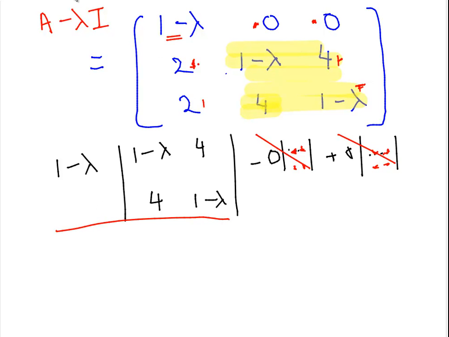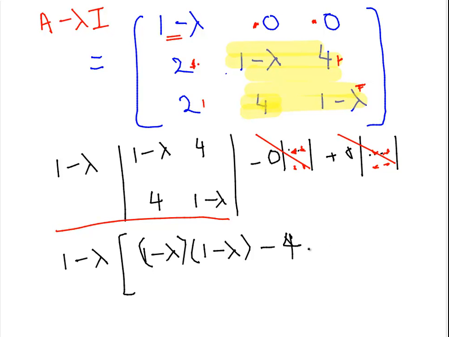So let's work that out a bit further. What we're going to do here is get the determinant of the minor. So it's 1 minus lambda times 1 minus lambda, minus 4 times 4.